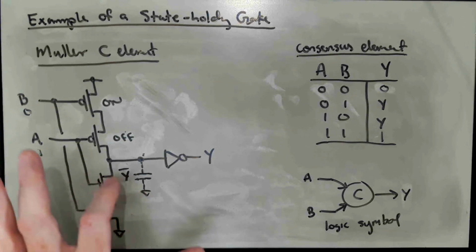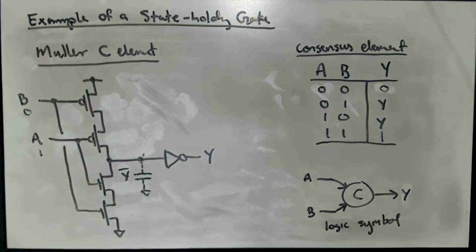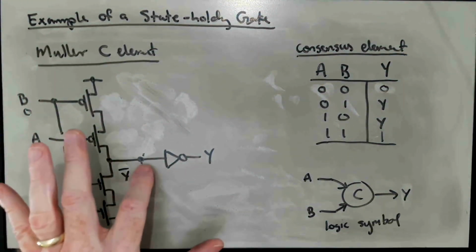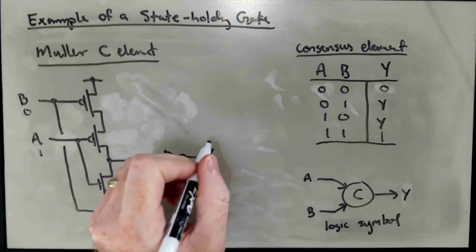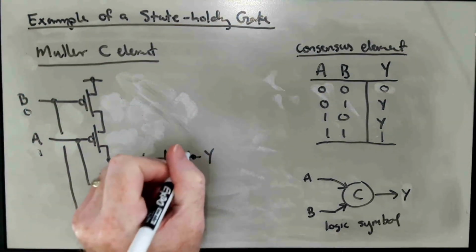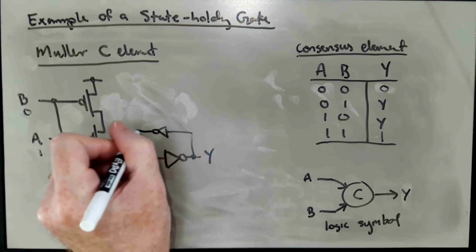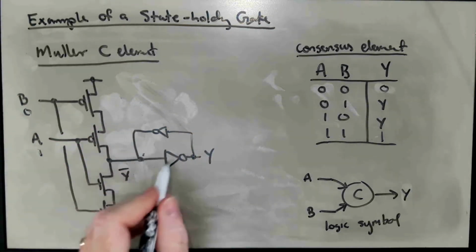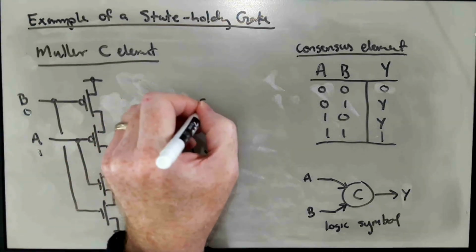Now, to make this not a dynamic element, what we will do very often is to introduce an inverter in feedback around this first inverter here. And this inverter here is called a staticizer.